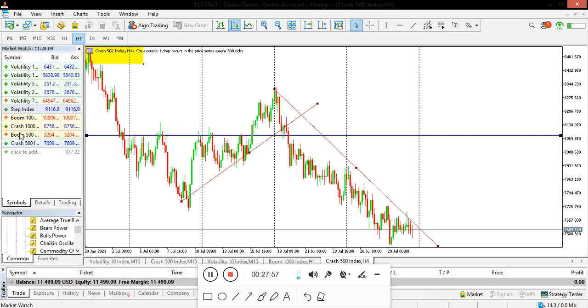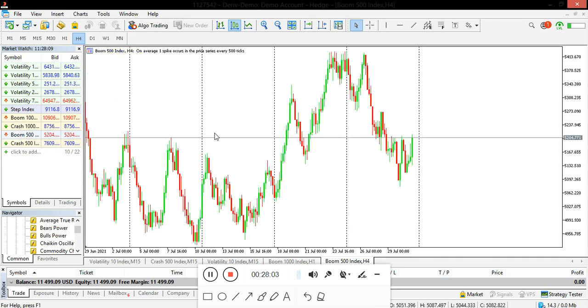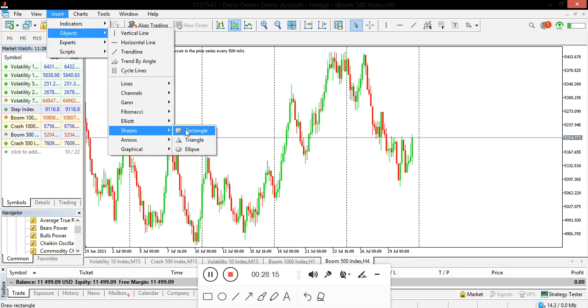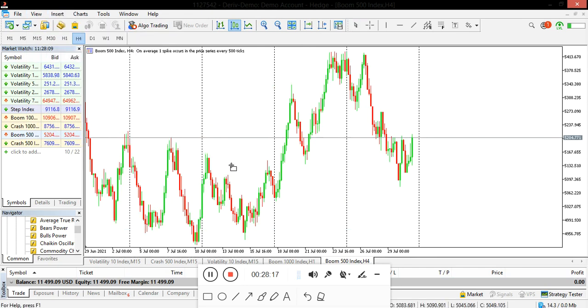Let's check on the Boom 500 before I round up this class. Boom 500 on H4. Now, this is what you need to do. Objects, pick this level like this.